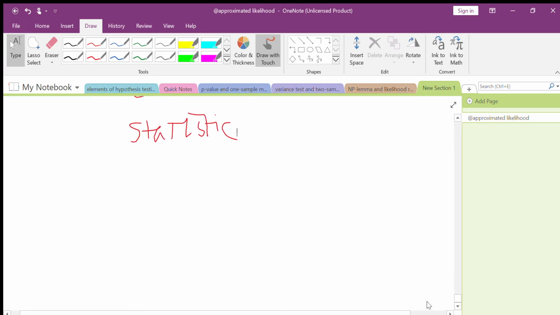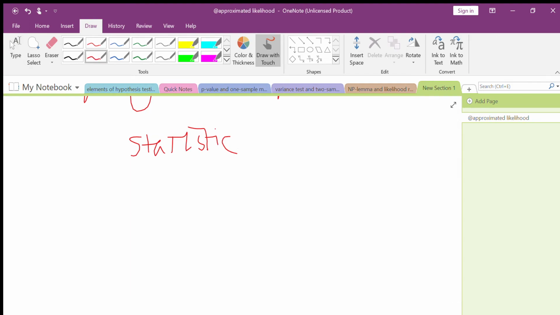So let's calculate the chi-square test statistic. It is the summation of small xi minus ei squared divided by ei. So in this case we have three categories.